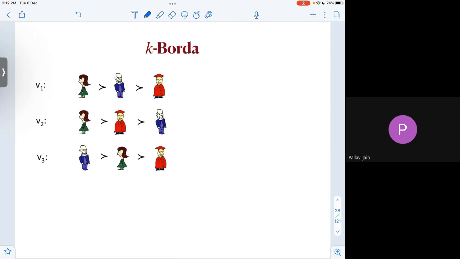If you do brute force, let's say there are m candidates. By brute force, you mean you will try all possible sets. So how many sets are there? M choose k. Is it polynomial? What is m choose k? Is it a polynomial number? Of course, if k is constant, then yes.